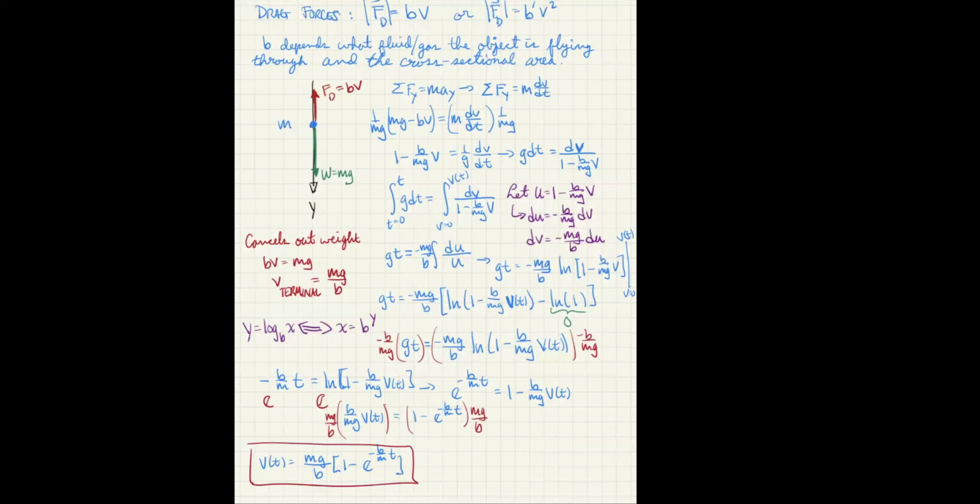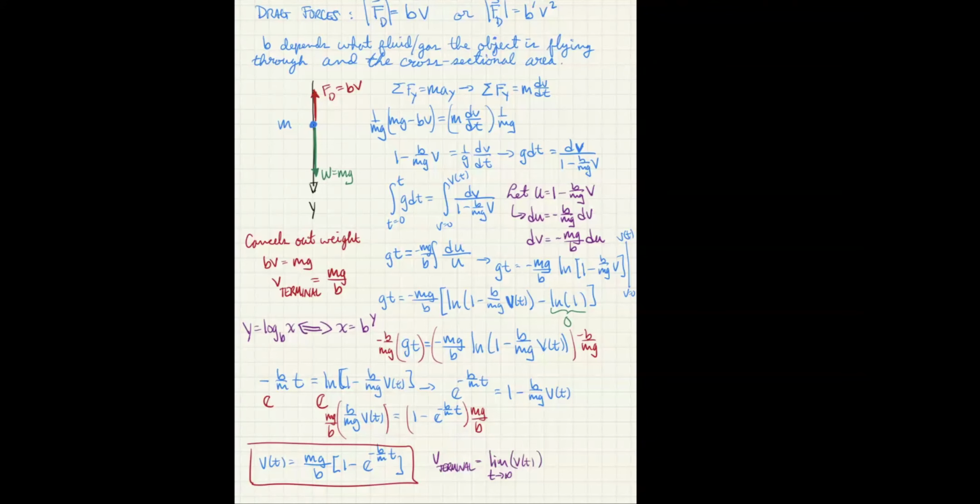You'll look at it, it looks like it's asymptotically approaching something, and it really is. If you want to find the terminal velocity, then v terminal equals the limit as t approaches infinity of v of t.